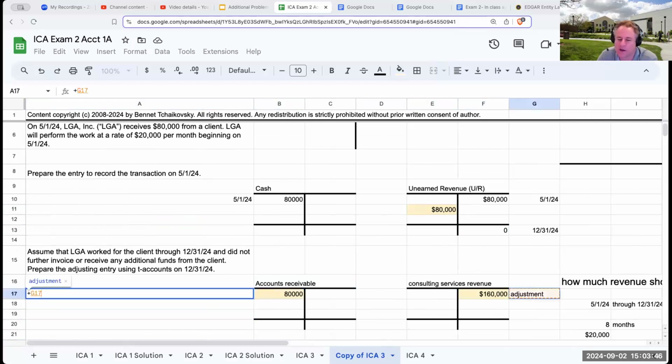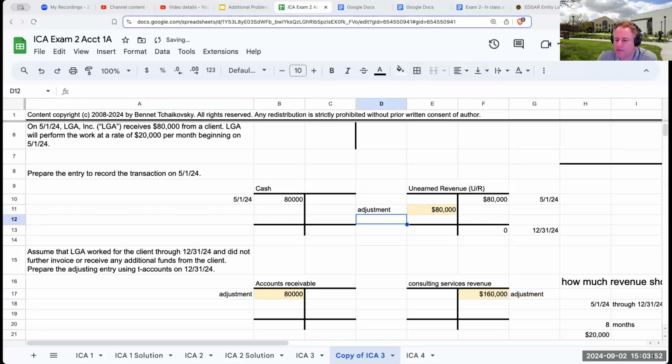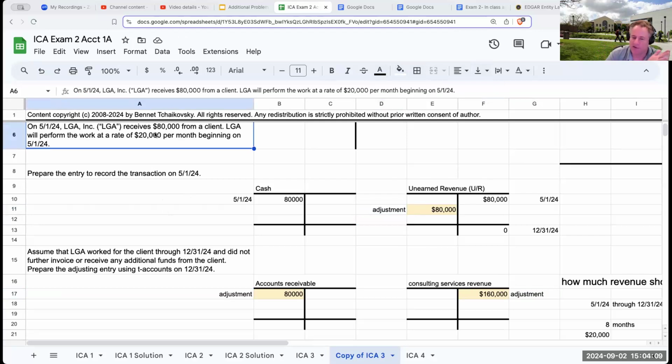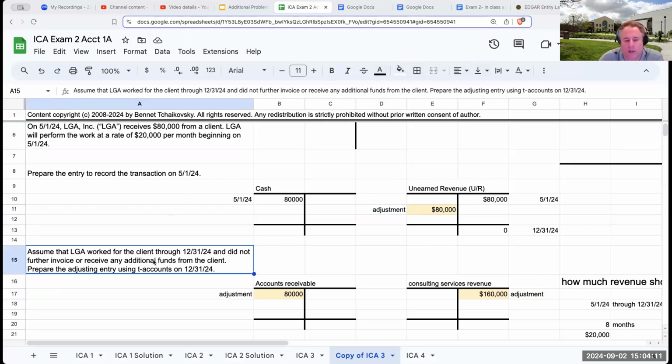Now let's just kind of talk about this real quick. So when I go through and look at this particular question, I have to ask myself the following questions, right? First off, I never touch cash. Do my revenues reflect what I've earned? And that's really where you want to start with these kinds of questions. It's 20,000 a month. I worked for the client through 12/31/24.